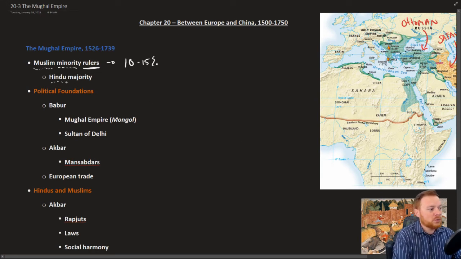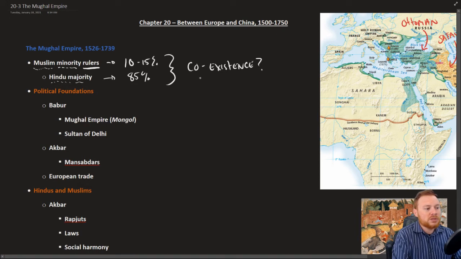Most people in the Mughal Empire are Hindu, and they make up maybe 85%. And so unlike some of the other empires we talked about, an effort to get coexistence between these two demographics is a major goal for the Mughal Empire, or maybe not even just coexistence, but how does the empire solve the question of having a minority ruling class over a majority population?